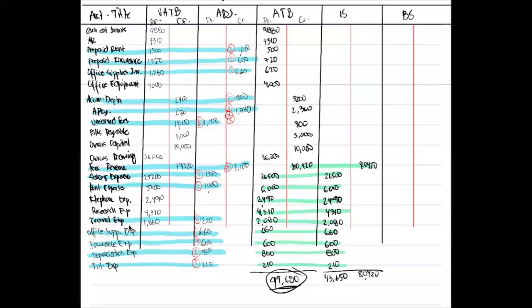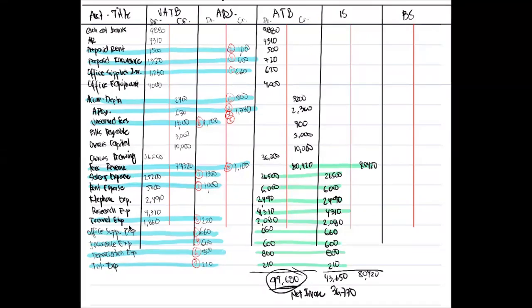What is lacking? Debit, right? Debit is lacking. When debit is lacking, what do we call that? Net income. So how much is our net income? 80,420 less 43,650 will give us 36,770. Okay? So we already computed our net income, 36,770.